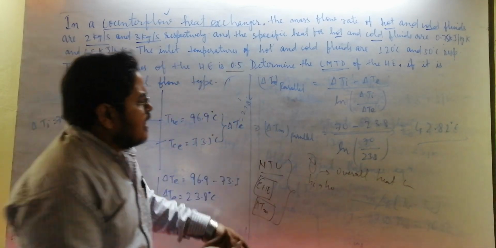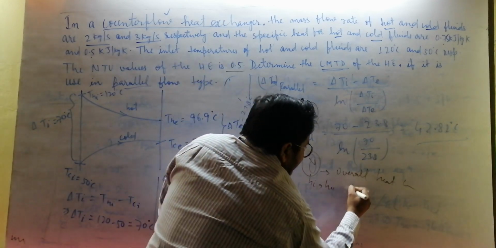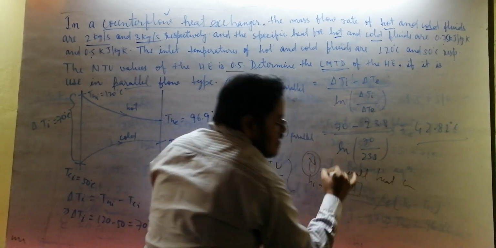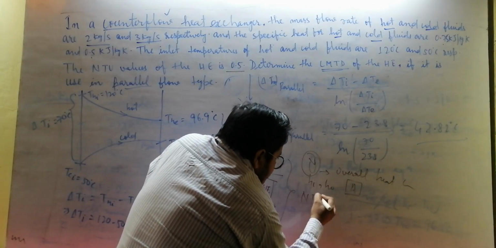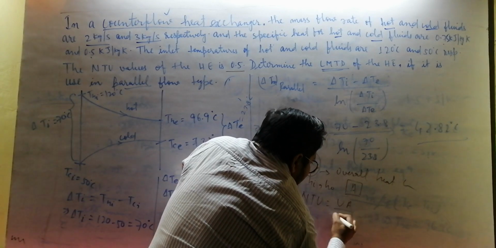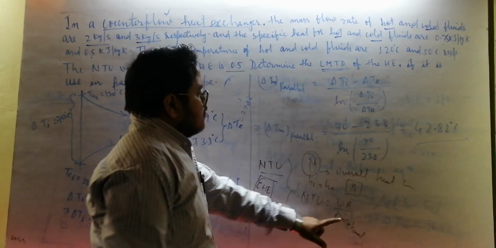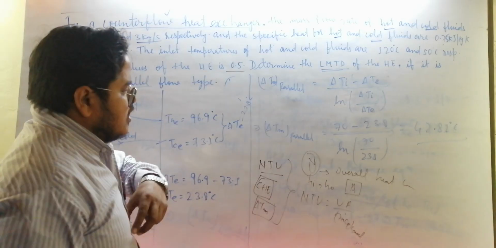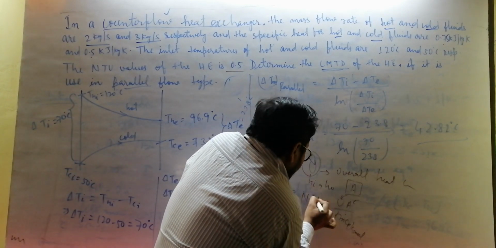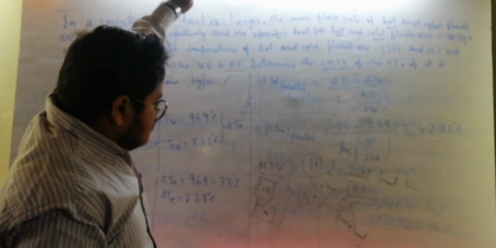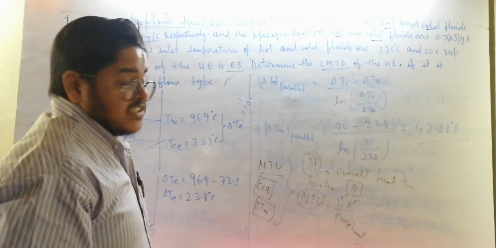Like this they can modify, and there I will get U, and he will give the heat transfer area of the heat exchanger. Then I have to substitute NTU equal to UA by m dot Cp. Here m dot Cp is same for both the fluids, so no issue. But I have to substitute U and A and get the NTU value, and follow the process. This way you can ask.